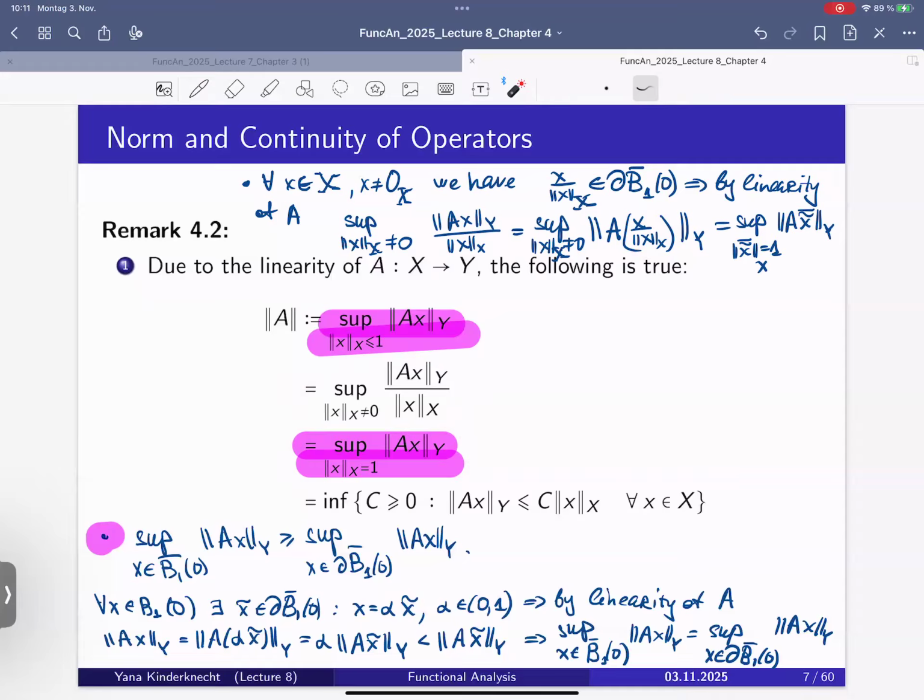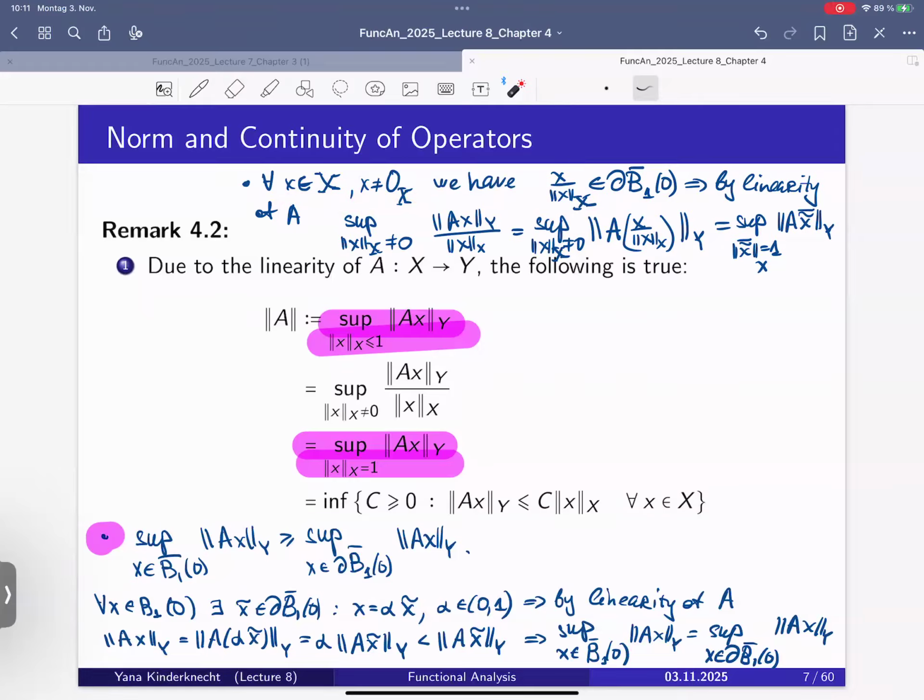Of course, when x is equal to 0, A is a linear mapping, so A of 0 is 0. This we should take into account. But for all x satisfying this condition, these things belong to this space, and vice versa, by rescaling, such things can be mapped to such things.